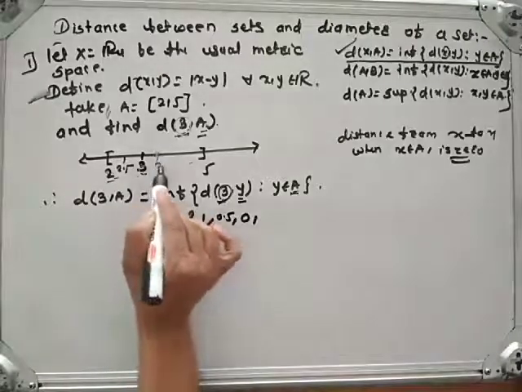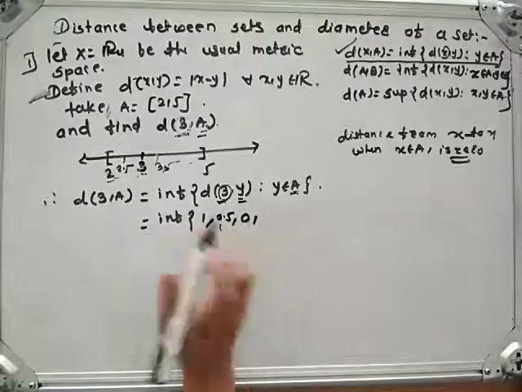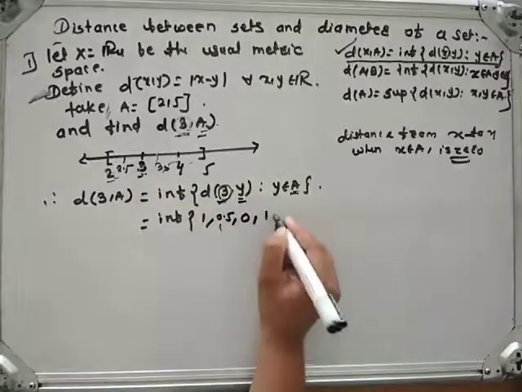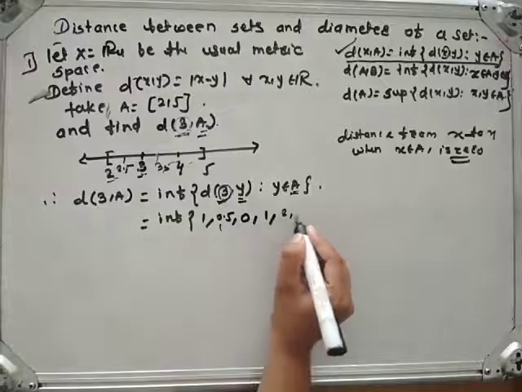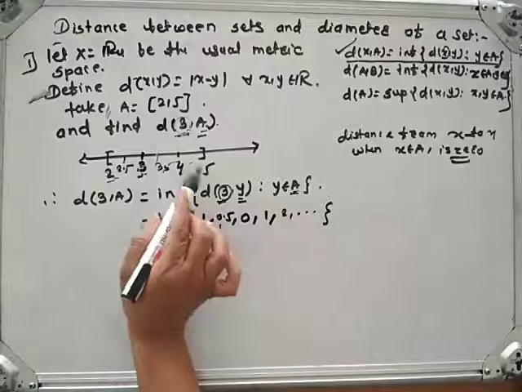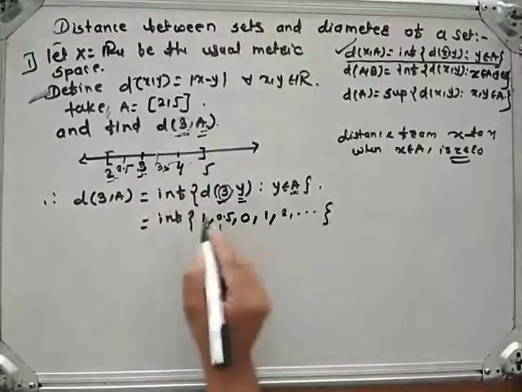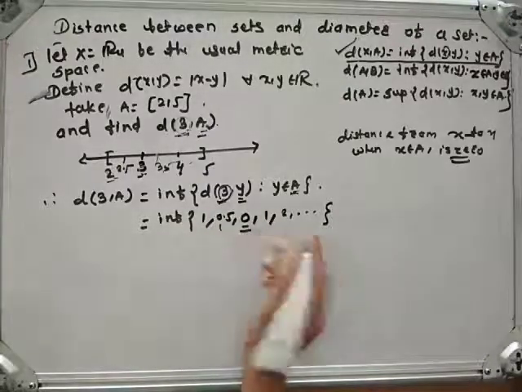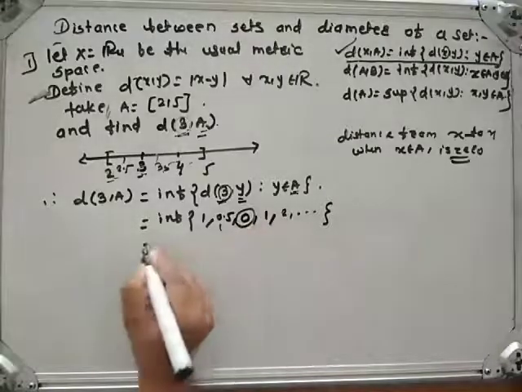Next, suppose here is 3.5. This distance is again 0.5. Here is 4. The distance between 3 and 4 is 1. The distance between 3 and 5 is 2. Because in the interval [2, 5] there are infinitely many points, and we have to choose the infimum among these distances, obviously it is 0.